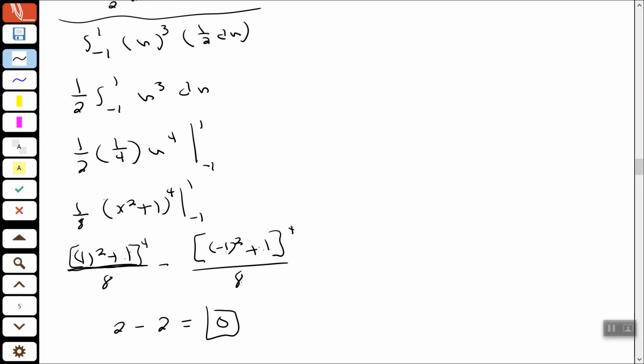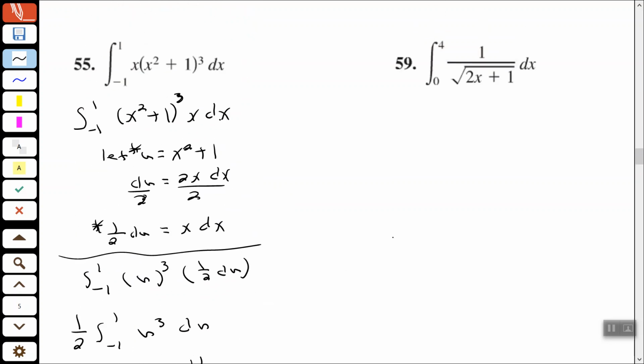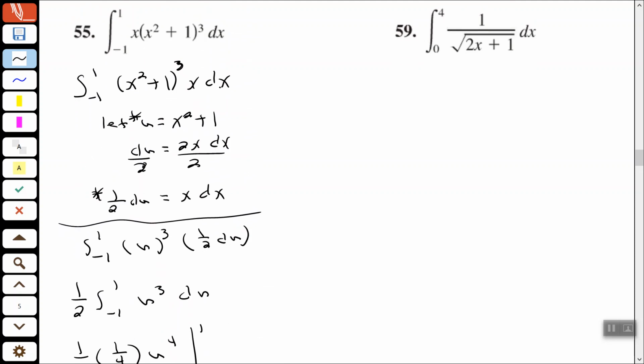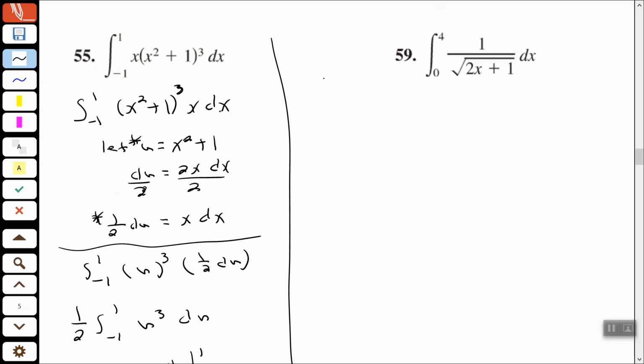Okay, let's look at one more. Let's look at number 59. You may want to pause it and try this problem for yourself. I see that we have 2x plus 1 raised to the 1/2 power, 1 over that. So I'm going to move that 2x plus 1 to the 1/2 to my numerator.